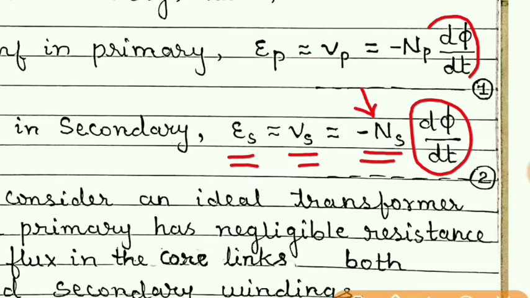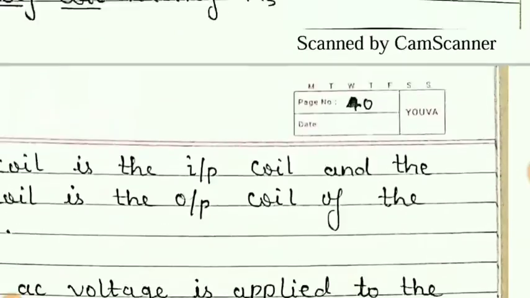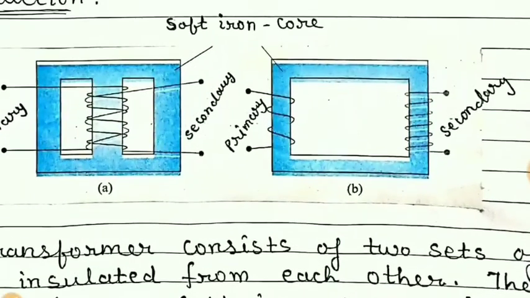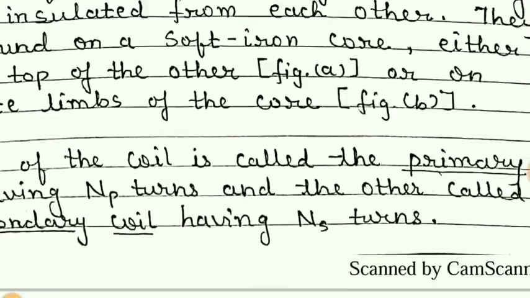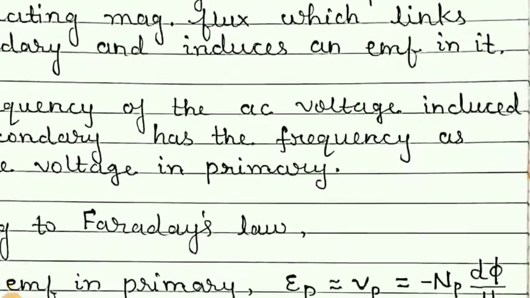You can see the change in flux with respect to time in both the coils is the same. It is because whatever flux is generated in the primary gets linked with the secondary. So the change in flux with respect to time is the same.